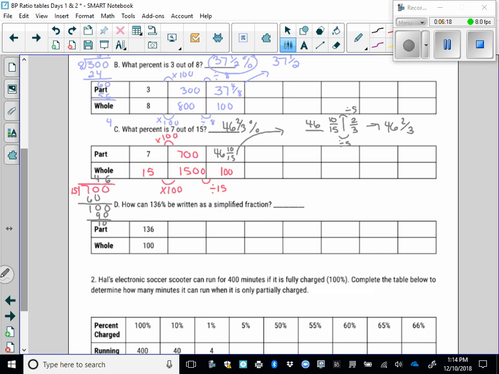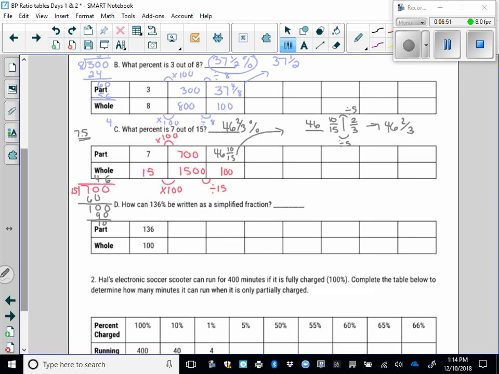And then when you have any problem, it's good to stop, of course, and think if your answer is reasonable. So like half of 15 would be 7.5. And so 7 is a little less than half of 15. And 50% is half. I have a little less than 50%, so I feel pretty good about that number.